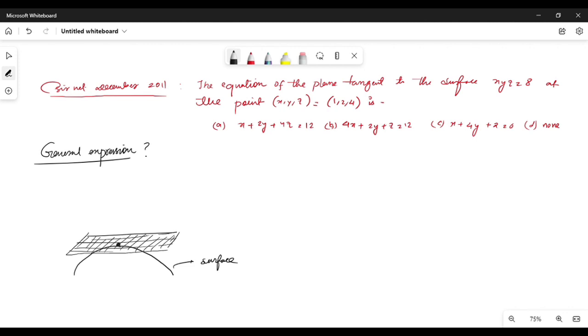Suppose it is touching the surface at this point, and I am denoting the point as P, and the coordinate is small x, small y, small z. Then if I draw a vector like this on the tangent plane as PR, and the coordinate of R is capital X, capital Y, capital Z, right?